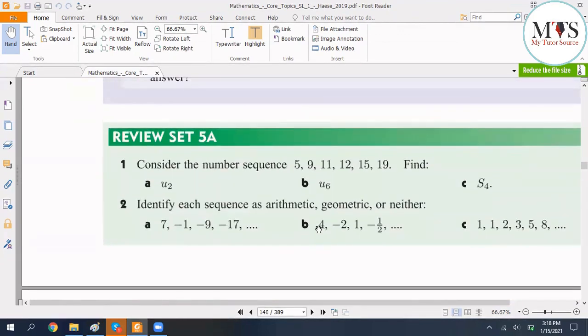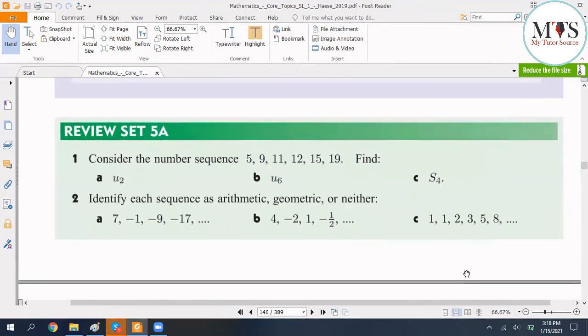Okay, review set. Can you try question number 1, part B? Question 1, part B. So consider, find, use. Oh, so this is the same thing we did before.